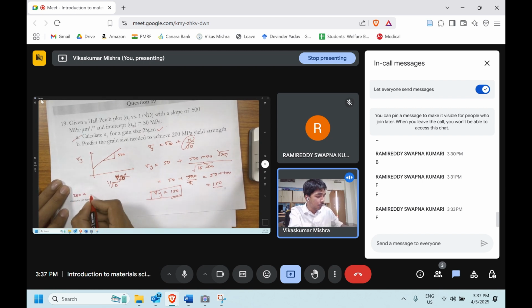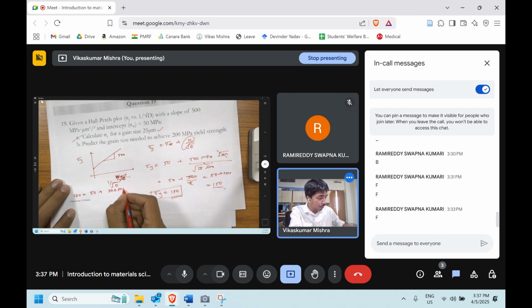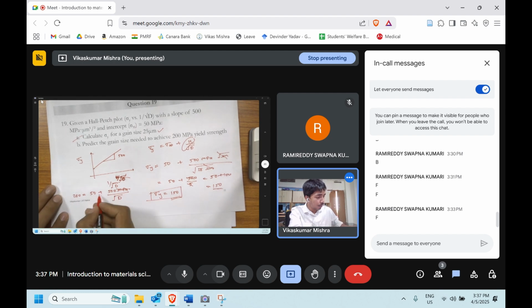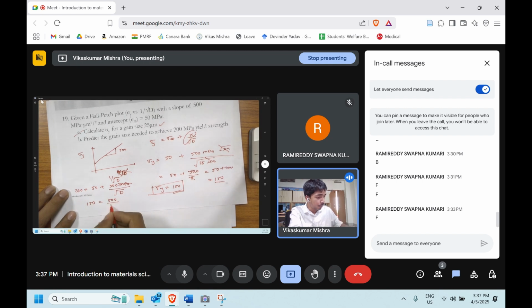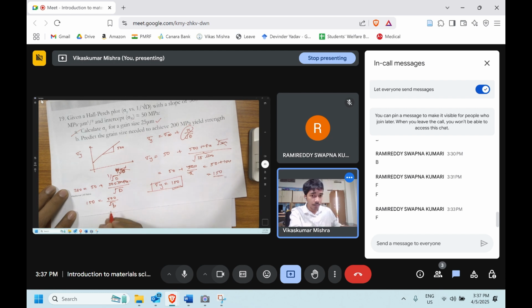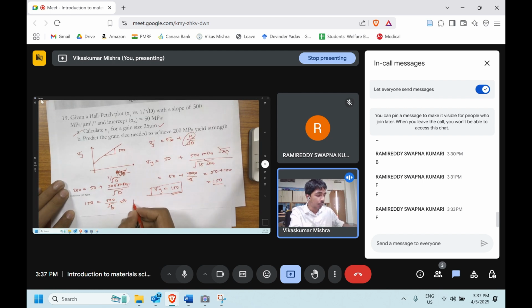It should be equal to sigma infinity, that is 50, plus 500 MPa divided by root d. Let's not write the unit. We'll subtract them and we get around 150 equals 500 over root d.